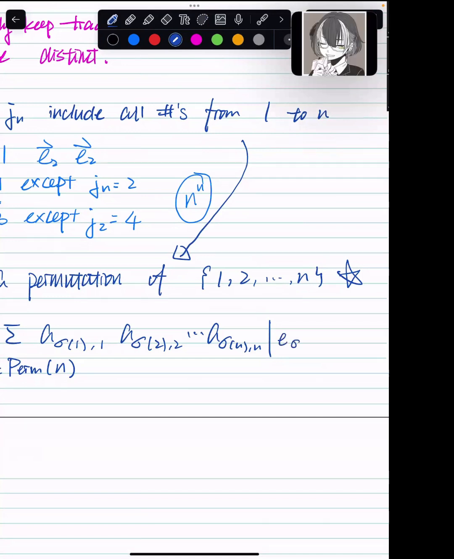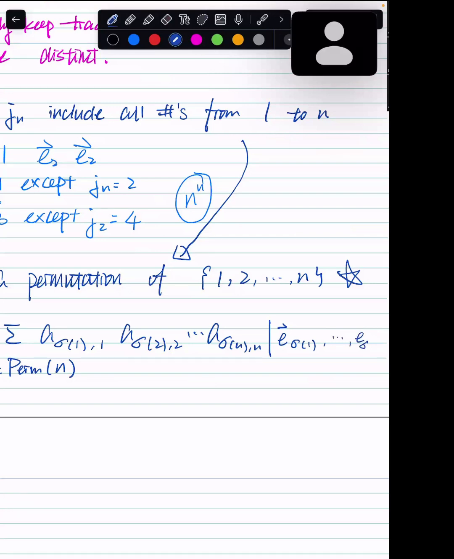E sigma, the first element in the sigma, and then E the second element in the sigma, all the way to N. So you only take one element from the permutation of each combination in the permutation of n.